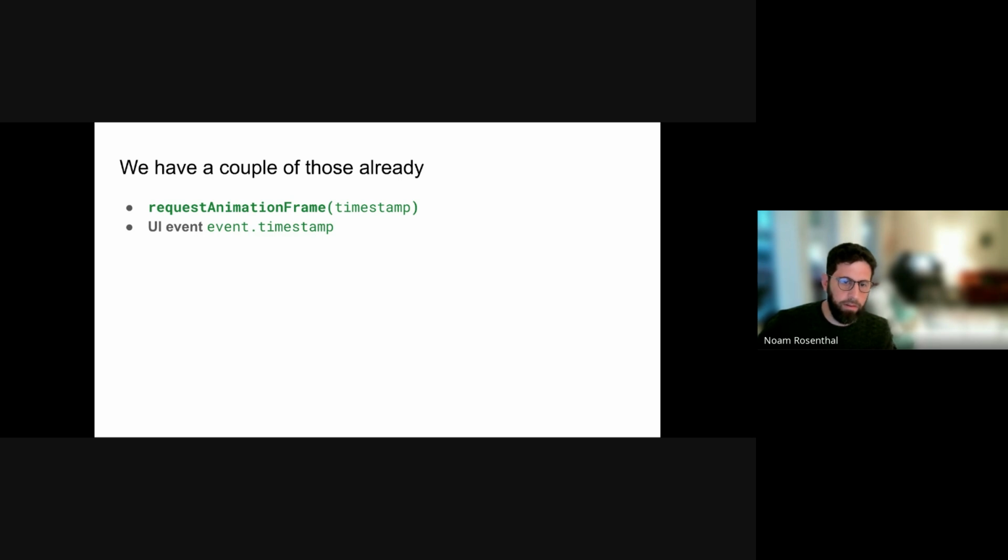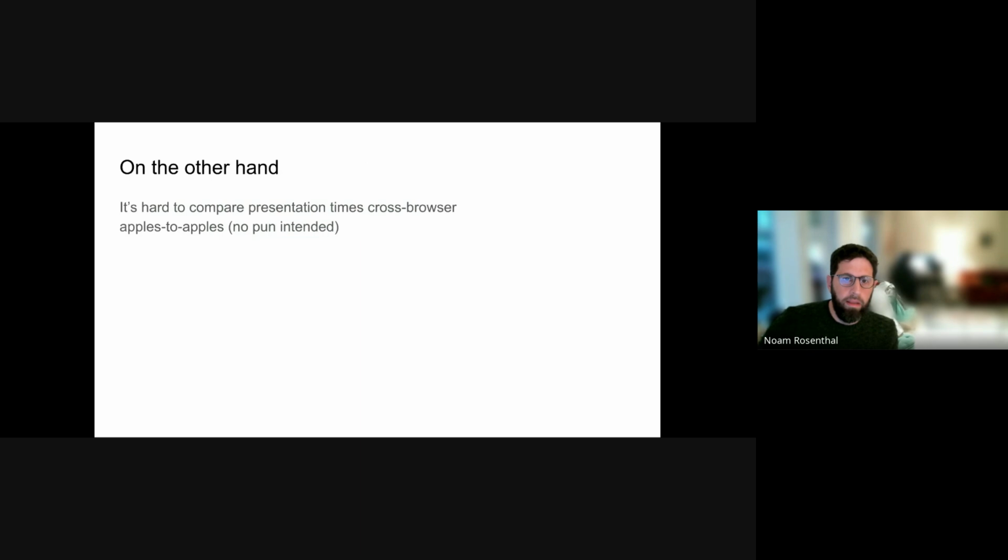It's defined in a hardware kind of way, not in a spec algorithmic way. So yeah, we do have those, but it makes it hard to do things like compare browsers apples to apples.